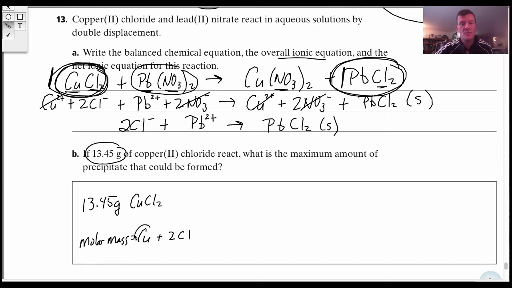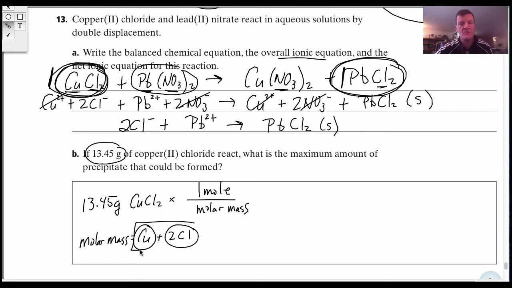Look on the periodic table, take the molar mass of copper, add it to 2 times the molar mass of chlorine, and you are simply going to divide by that number, because 1 mole is going to be that mass right there, the molar mass of copper 2 chloride.